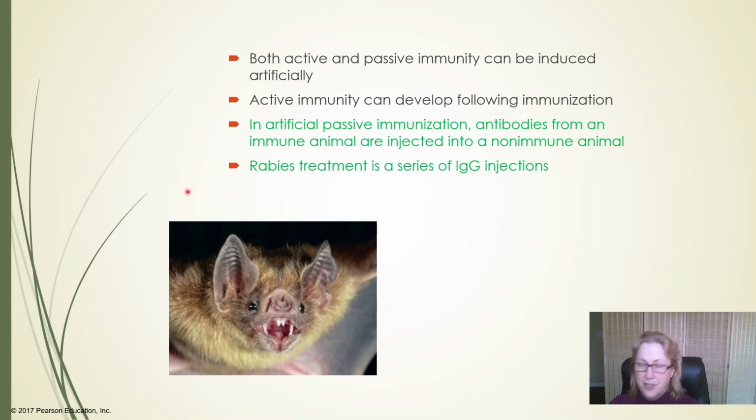There's a human version of the rabies vaccine, but most people, your average person, has not gotten a rabies vaccine. So if you are bitten by a bat or another animal that's suspected of possibly being rabid, the way they treat you is with IgG injections.